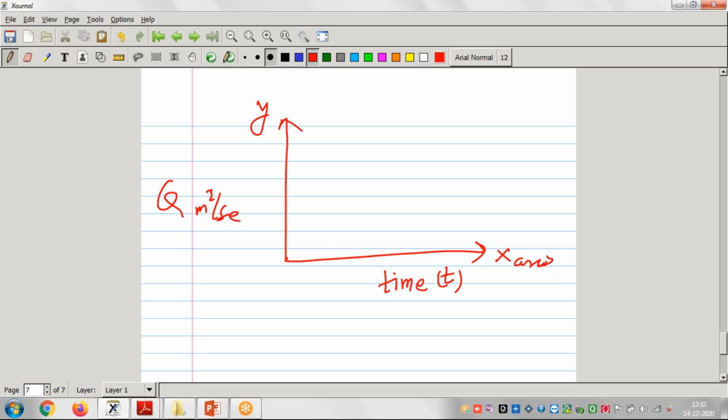When we draw the graph between these, this graph will be called the hydrograph. I think it is very simple. Now, again, there are some terms for this hydrograph. What are these terms? We will see here.